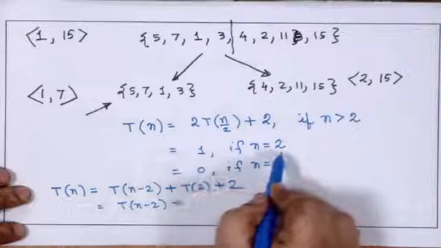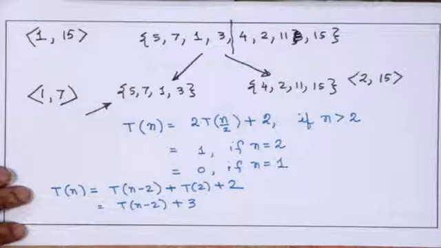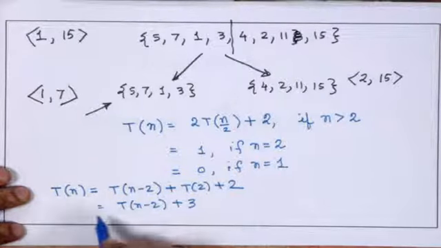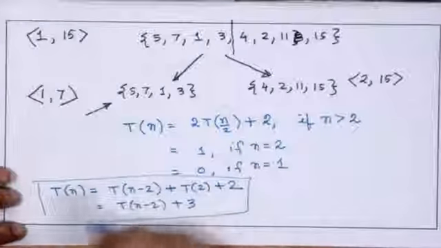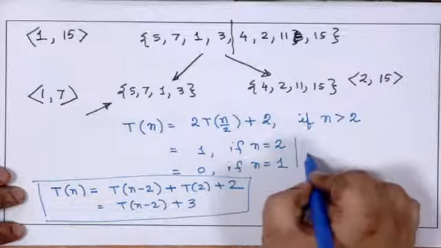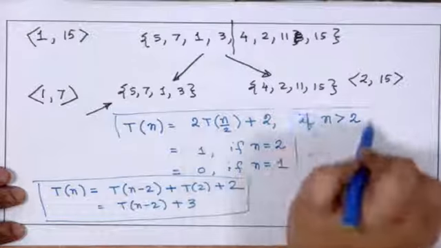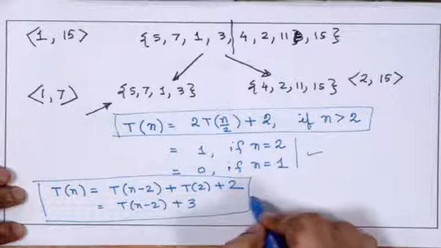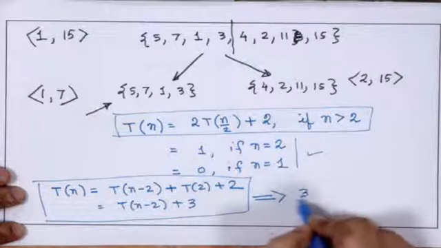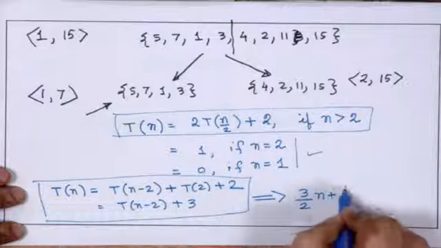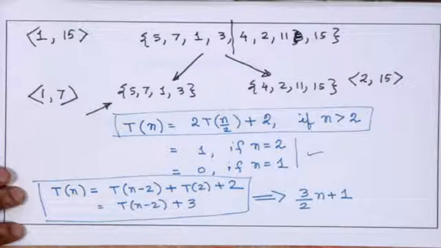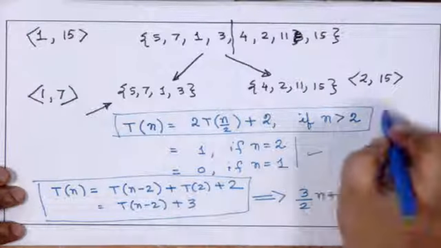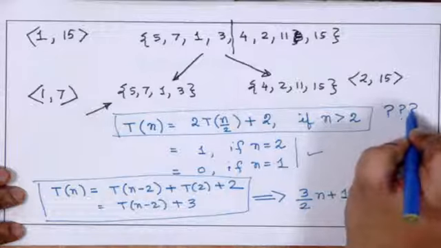T 2 is known to be 1, so it would be 3. Base conditions remain the same for both. We can easily see that this recursion turns out to be 3 by 2 n plus 1. What does the other turn out to be? I leave this as an exercise for you to find out.